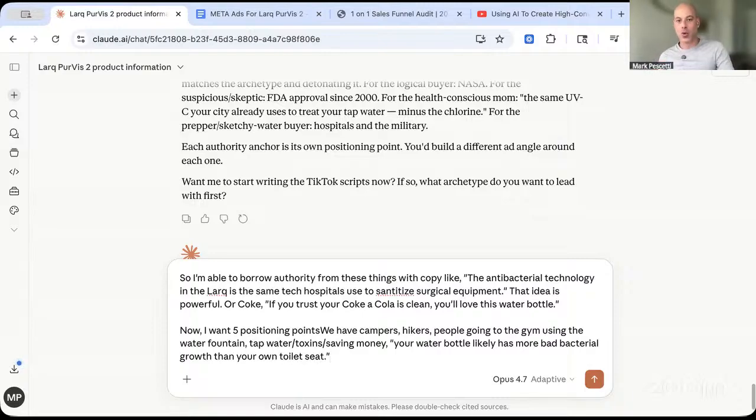That right there, your water bottle likely has more bad bacterial growth than your own toilet seat. That has a lot of impact as well.